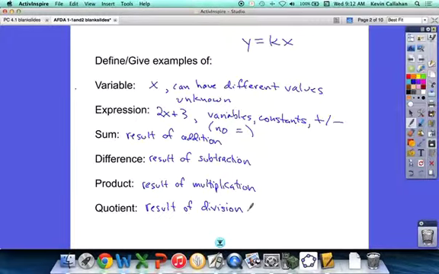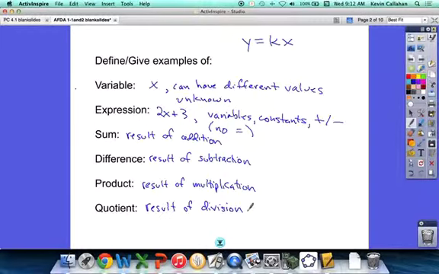Some of these I know you know. Somebody says the sum of, and you see that even not in a math context. Isn't there a movie or book, The Sum of All Fears? When you see that, you know what they mean. Remember back to Algebra 2, factoring, the difference of squares.